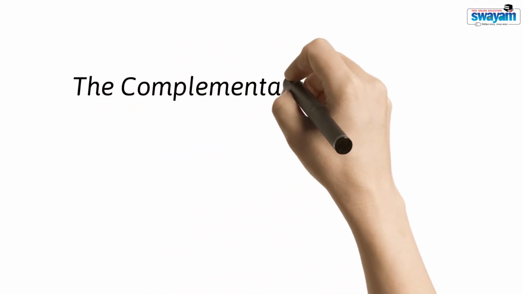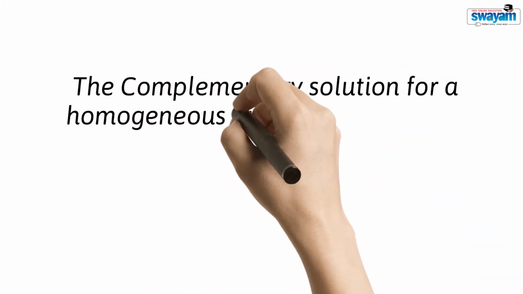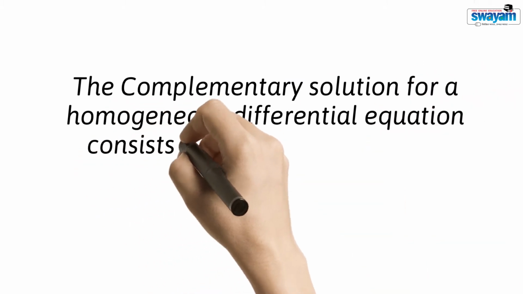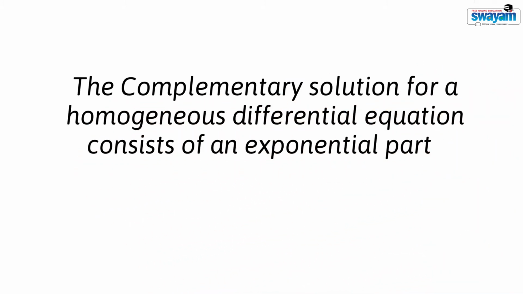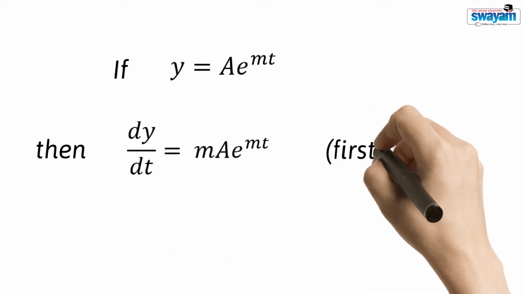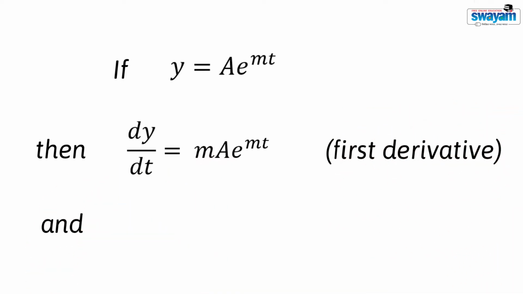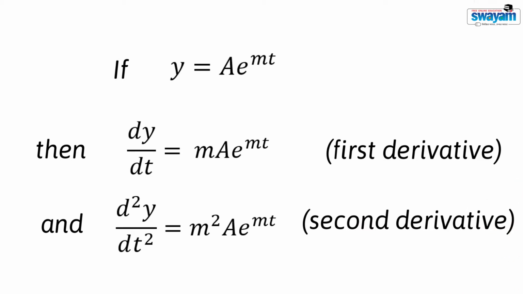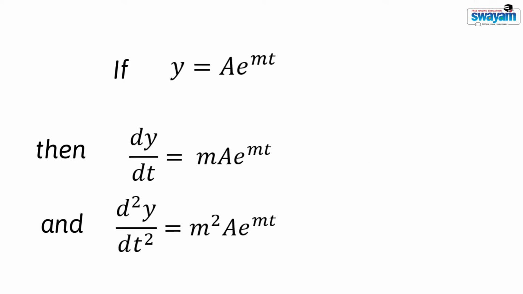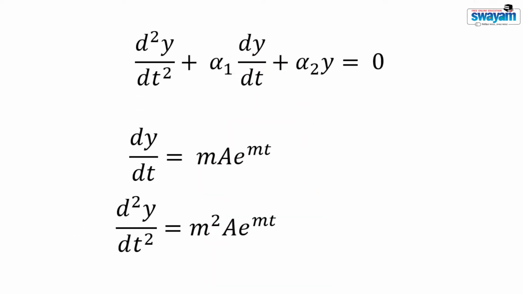If you can recall, the complementary solution for a homogeneous differential equation consists of an exponential part a e to the power mt. If we have a function y is equal to a into e to the power mt, then differentiating y with respect to t gives m into a into e to the power mt, and second derivative gives m square into a into e to the power mt. Now substituting the values in the homogeneous equation gives this form.